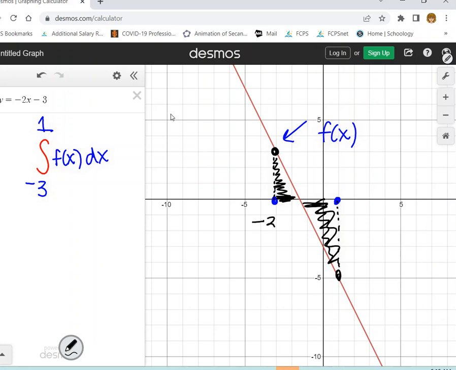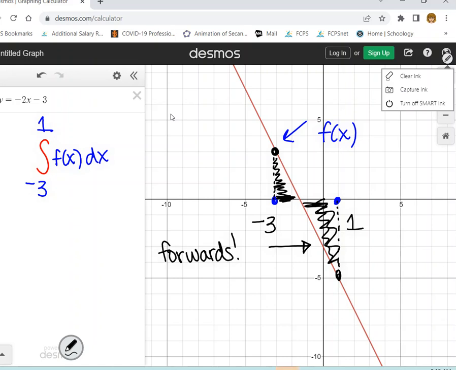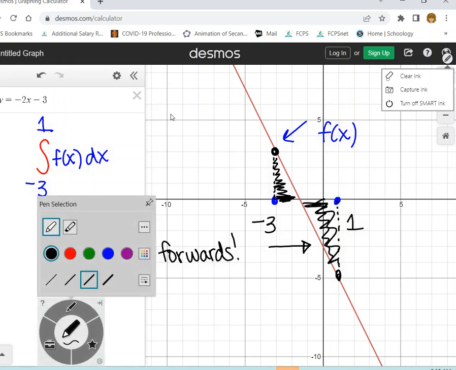If I'm going from negative 3 to positive 1, which is forwards, then I would calculate this area and count it as positive because it was above the x-axis, and I would calculate this area as negative because it was below the x-axis, and then I would put them together.